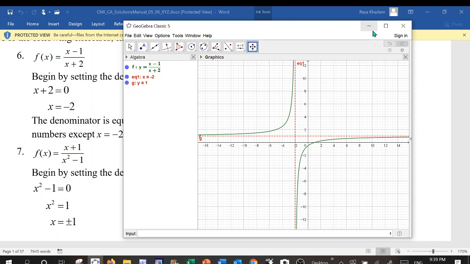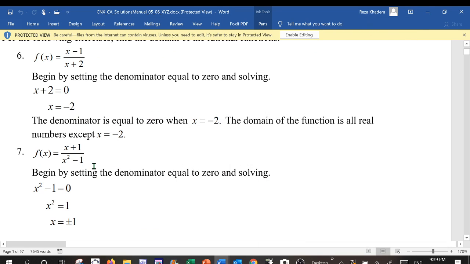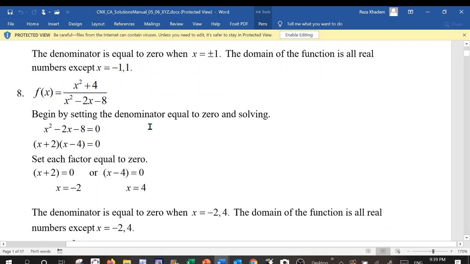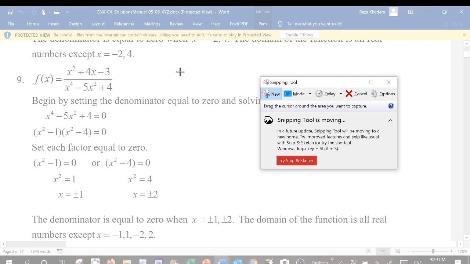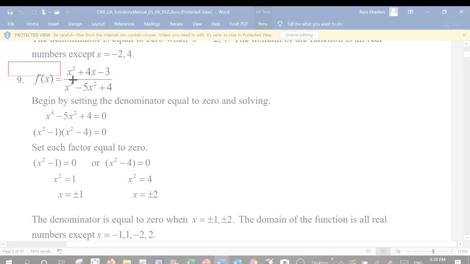So let me move this down so we can use it again. I'm going to do maybe one more. What about number 9? There you go.